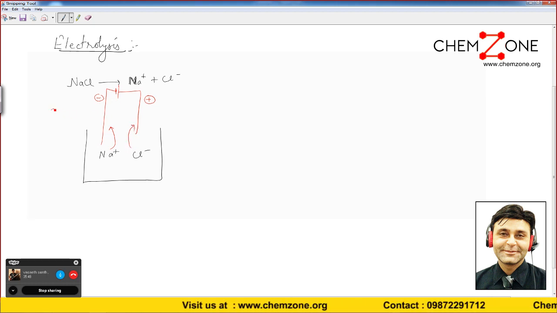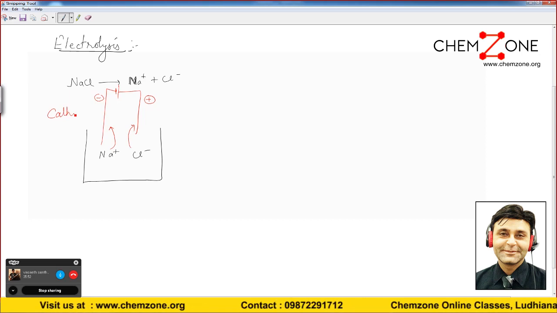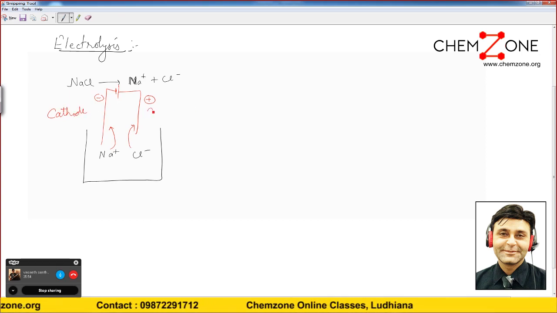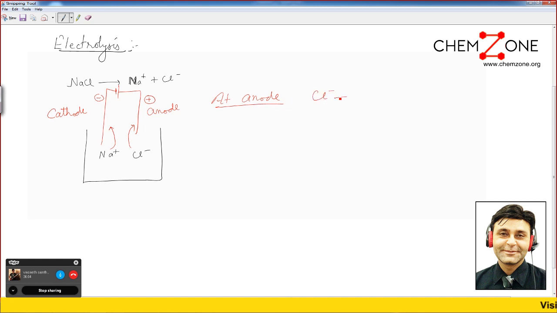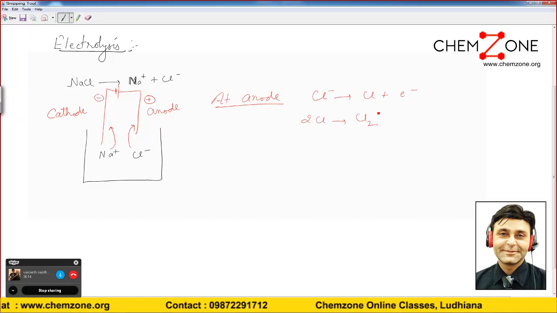So this is the cathode. Negative is cathode and positive is anode, right? So at anode, what will happen? These chloride ions will lose electrons, and two such chlorine atoms will combine to form Cl2.